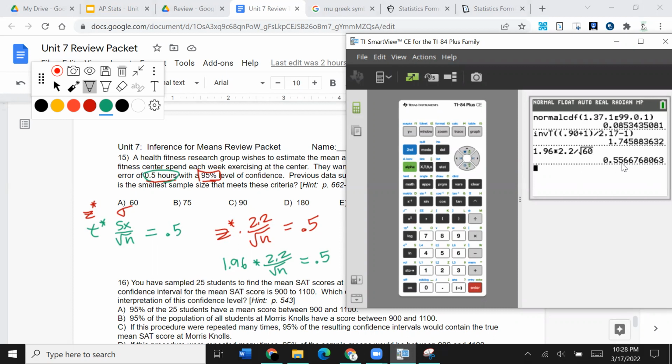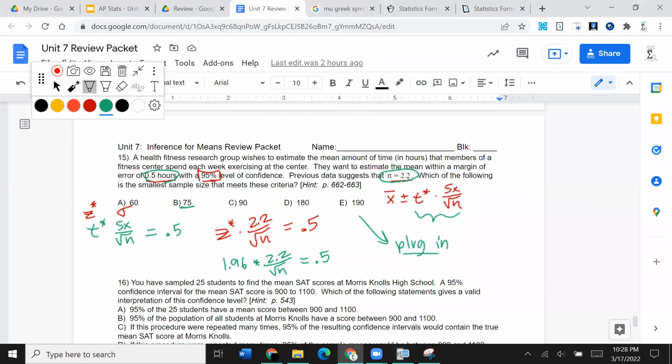And that's 0.56. That's a higher margin of error than I want. So I'm going to change that to the next number, which is 75. And that looks like what we need it to be. So 75 is the smallest number I can use to get within 0.5. So just plug in your numbers and you're going to get 75.